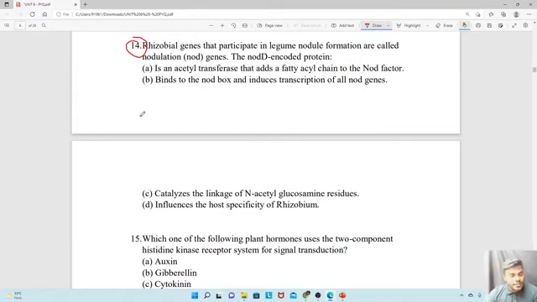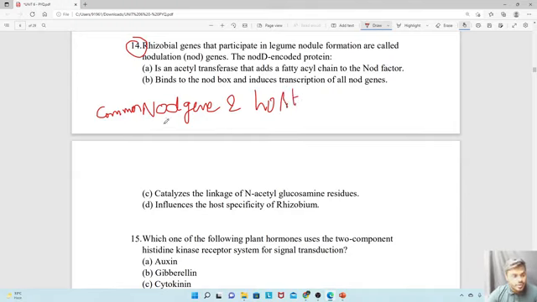Okay, so friends, we commonly know that there are two types of genes: the common nod genes and host specified nod genes. Correct? And I told all of you, if the common nod genes and host specified nod genes want to be activated, we require one very important gene.